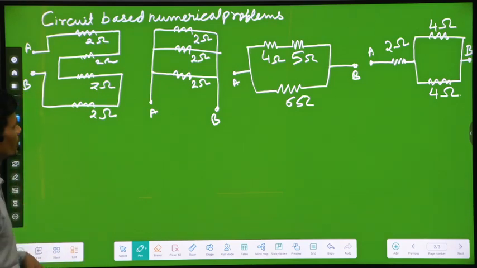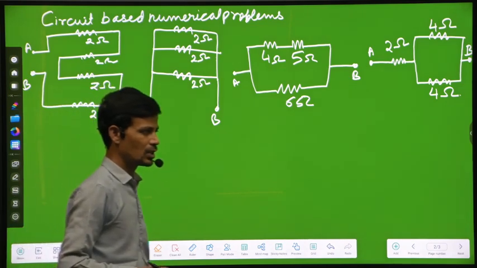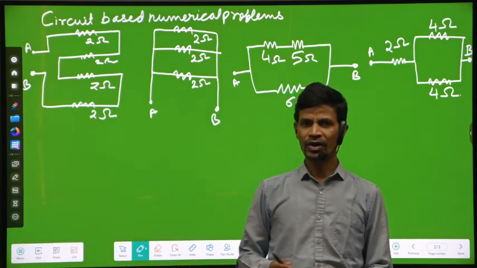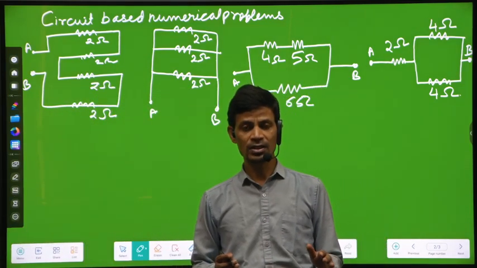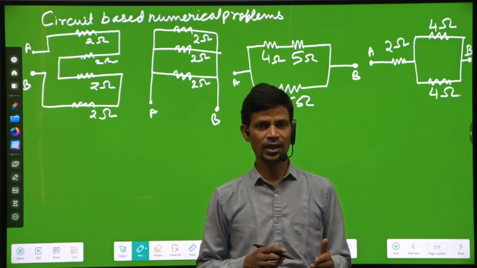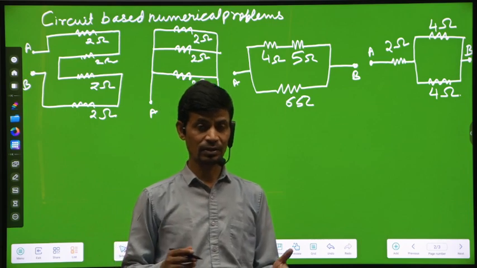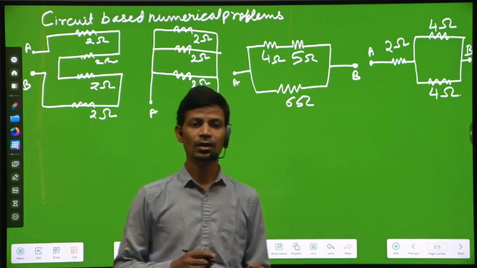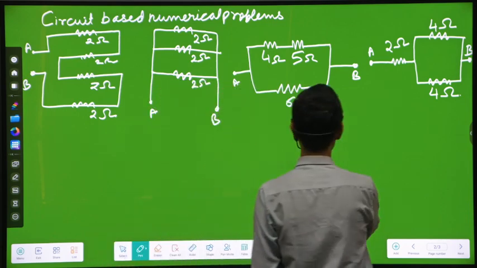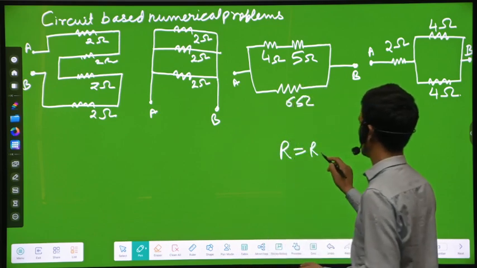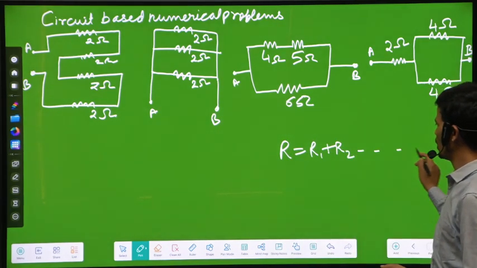So here, once again, just a quick summary. When resistors are in series combination, that is along a straight path, along the same path, then their resultant is R equal to R1 plus R2 and so on.